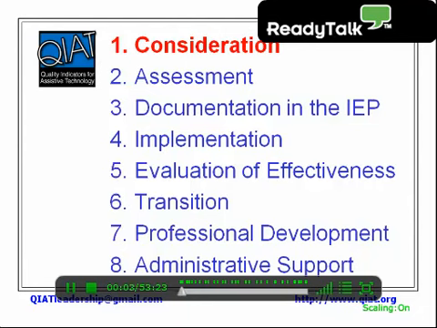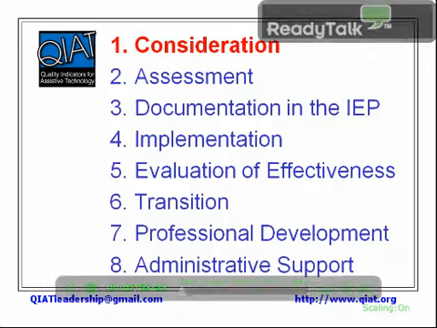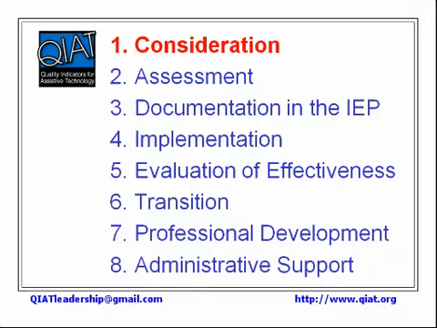Now, as we get down to our content, we're going to talk about the quality indicators for consideration today. We began developing the quality indicators in 1998, and we've developed 8 areas.